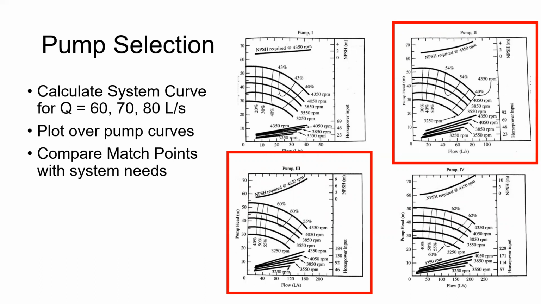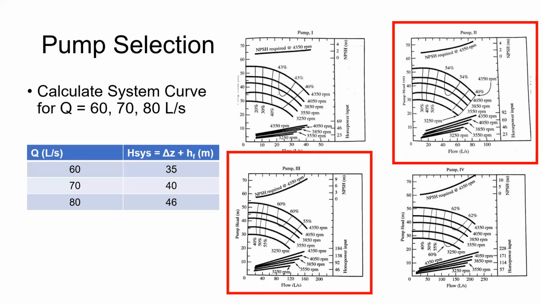So we'll plot the system curve for 3 different flow rates. We'll plot that over these 2 pump curves and we'll figure out which match point is going to make the most sense. So I did that right here for 60, 70, and 80 liters per second. We'll use the Darcy-Weisbach equation to get these values for our system curve. So just delta Z plus the friction loss.